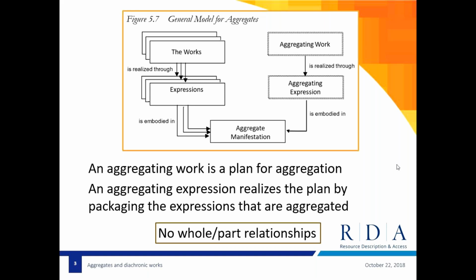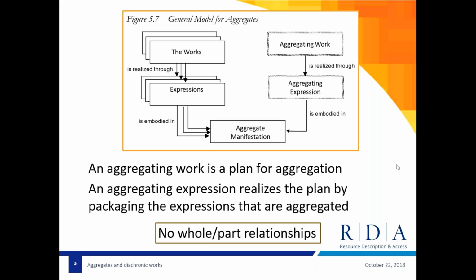conception that I'm going to aggregate something. My aggregation is going to consist of 100 poems by Lord Byron translated into etc., etc. And it has an aggregating expression which is also embodied in the aggregate manifestation. So the aggregating work is a plan for aggregation.